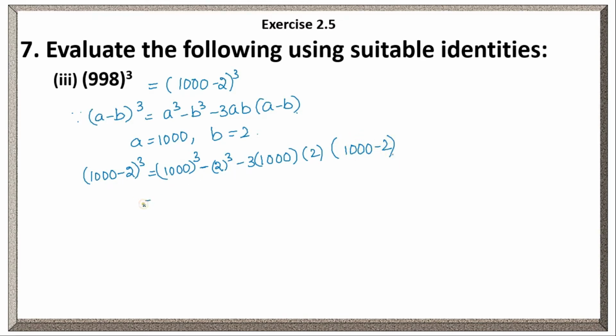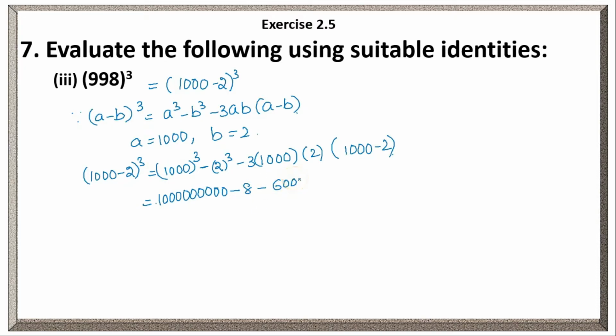Clear? 1000 whole cube means zeros will increase 3 times. So 9 zeros. As the power is 3, so it will increase 3 times. Right? 2 cube value is 8. 3 into 2, 6. 6 into 1000, 6000.